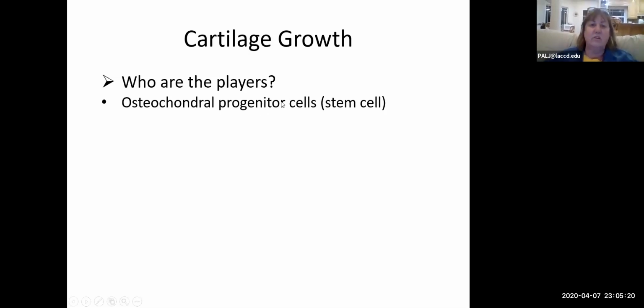osteochondral progenitor cell. So progenitor is just telling you it's the precursor cell. What does osteo and chondral tell you? I'm going to give you a second to think about this. Osteo has os in it, which means bone. And chondral is what I just explained earlier.